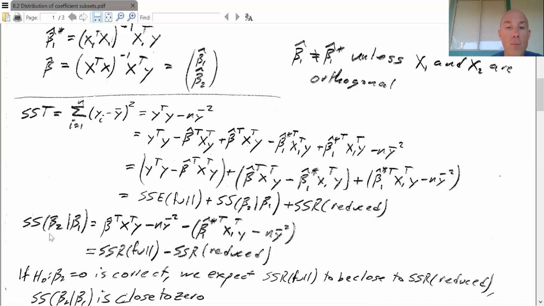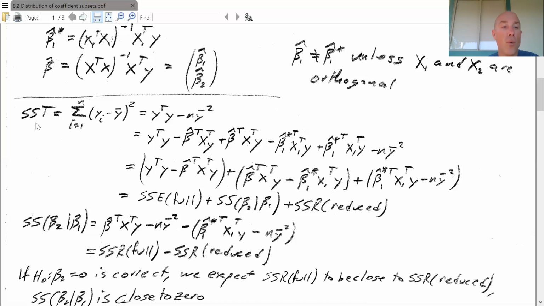And so if we think about it for a little bit, remember that sum of squares total equals sum of squares error plus sum of squares regression, right? So the total variance, or the sum of squares total, is equal to the sum of squares from the error plus the sum of squares from regression.